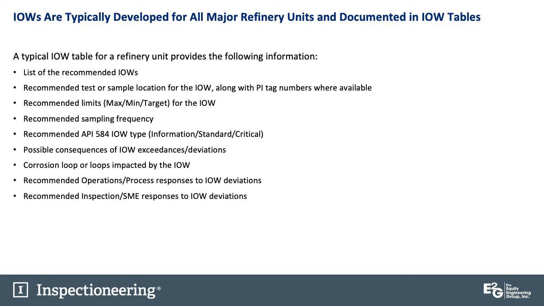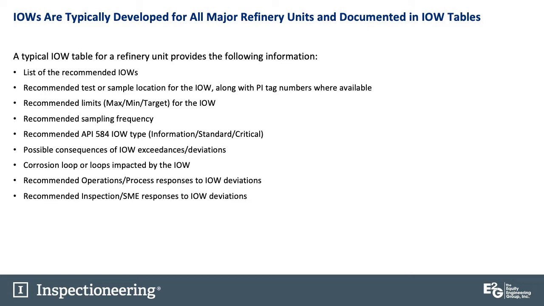Recommended limits, often a max, min, and ideal target range for the IOW, as we described earlier. A recommended sampling frequency for the IOW: is it daily, monthly, yearly? How continuous, how frequent are we going to sample?